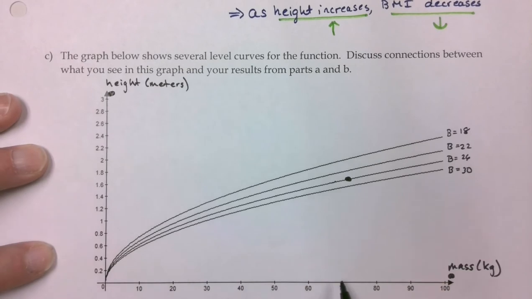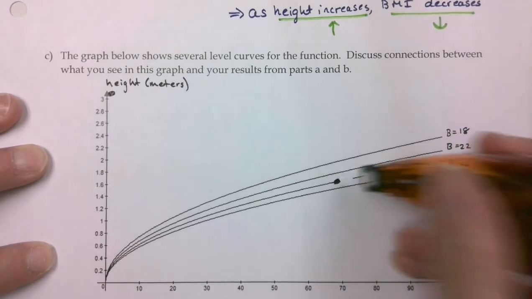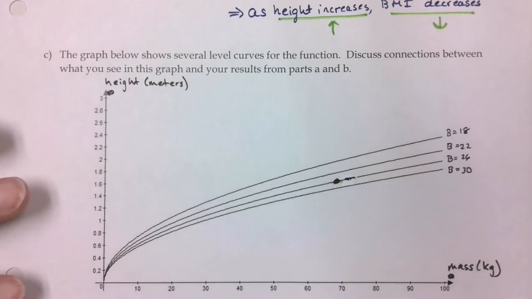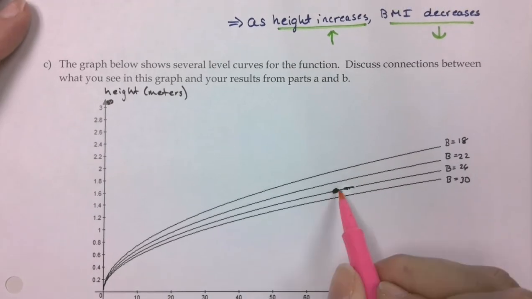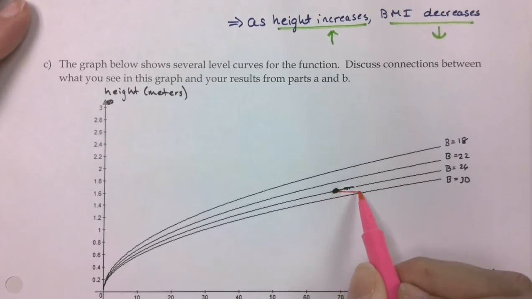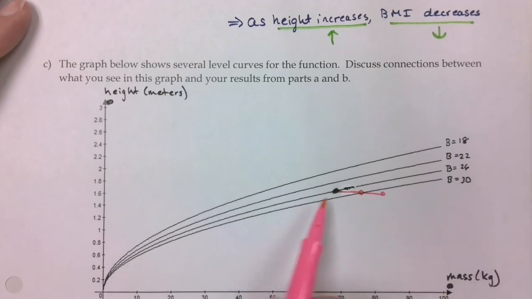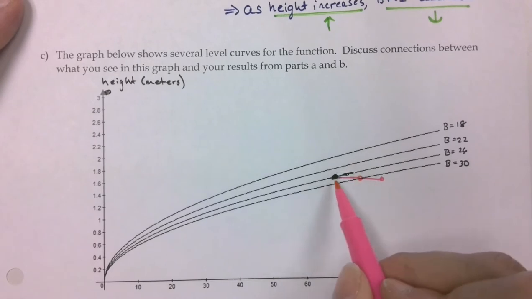I have a little parallax issue right there. Okay, so here I am at the start. Here's my curve. If I'm there at the start, and as my mass increases, I'm going to move this way. So if your mass increases, you're going to go this way along the curve. Increasing your mass, leaving your height alone, right?